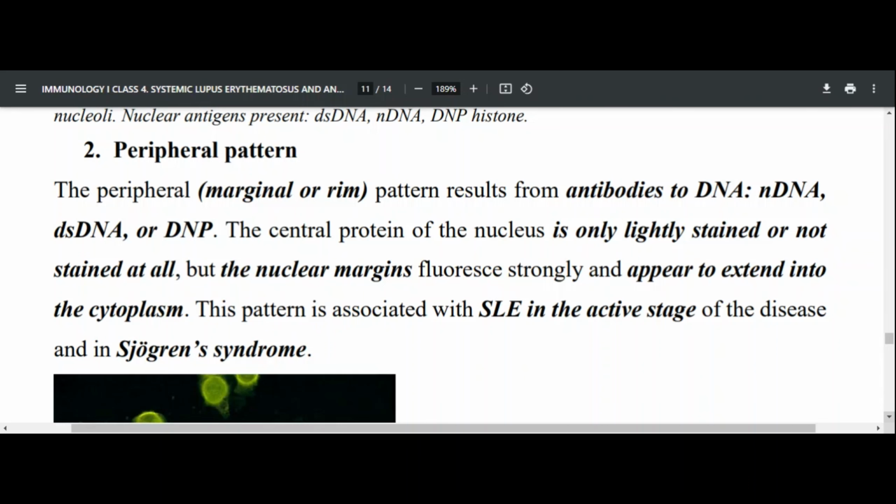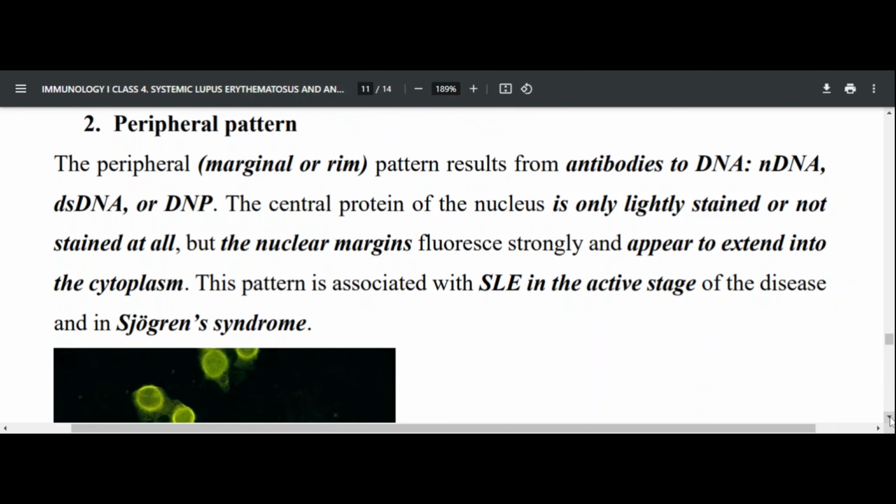So the peripheral pattern is normally associated with antibodies against double-stranded DNA. That is what I would like to remind you. It shows the rim or marginal pattern, and this always suggests the presence of systemic lupus erythematosus in its active stage, or sometimes Sjogren syndrome.